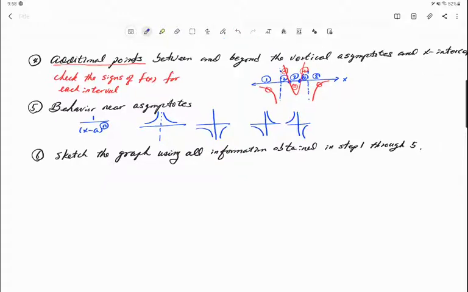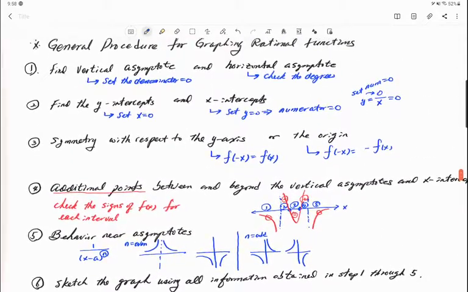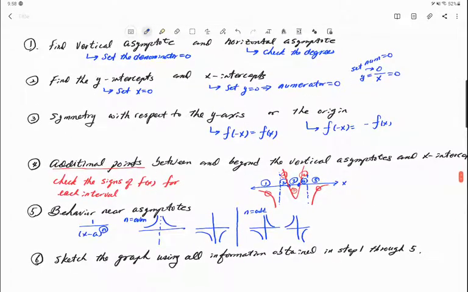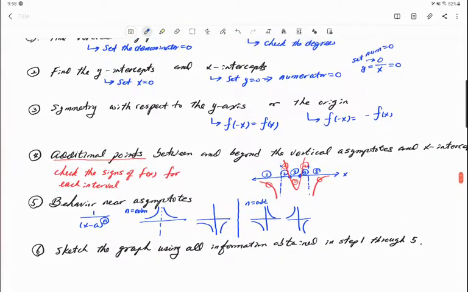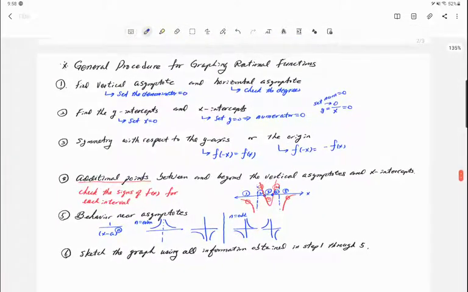In that case, n is even, then it looks like this. If n is odd, it looks like this. Okay, so based on the information obtained from steps 1 to 5, we can sketch the graph. Really, really useful information.